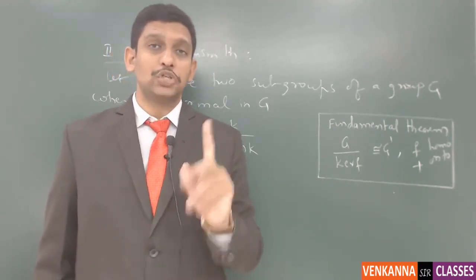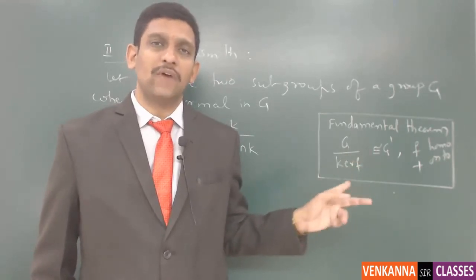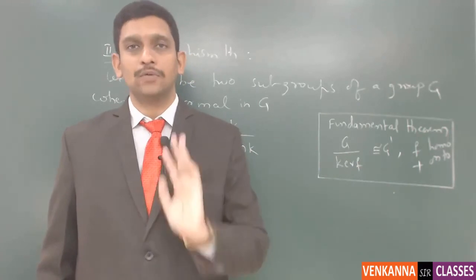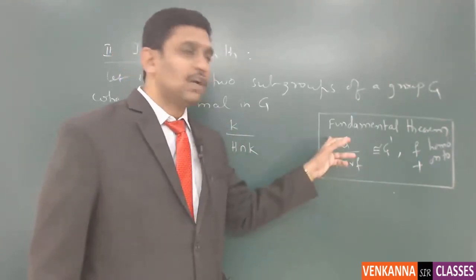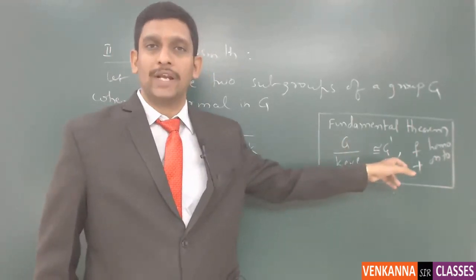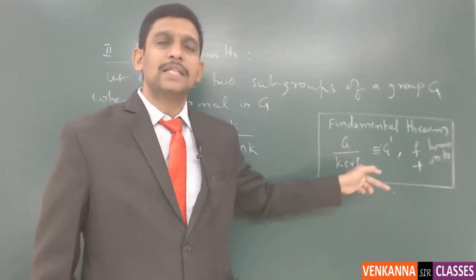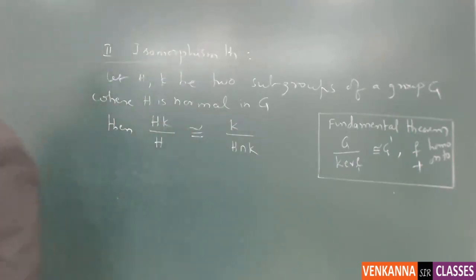And you have to show that the function f you defined must be a homomorphism and onto. Then the theorem states that domain by kernel is isomorphic to codomain. Is it clear? Yes or no?